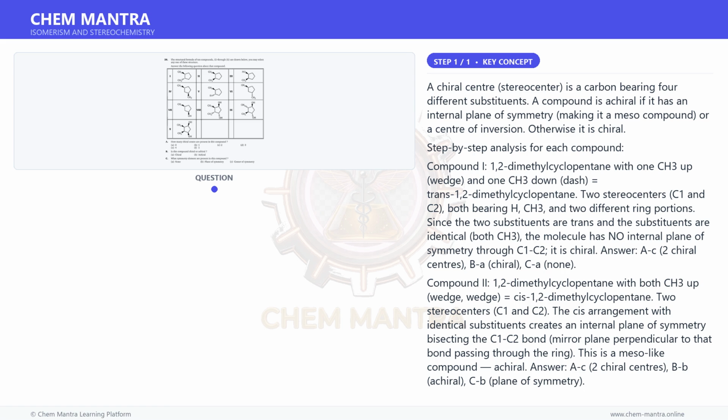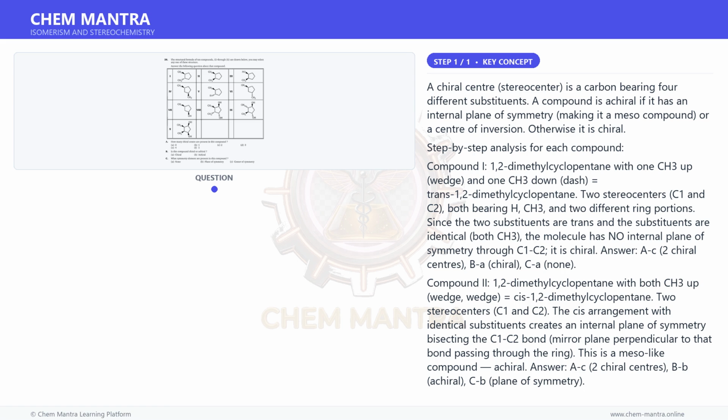Compound X: cyclopentane with CH3, CH3, O at 4 positions with stereochemistry giving a plane of symmetry, meso compound. 4 stereocenters but achiral due to internal plane of symmetry. Answer: A, 4 chiral centers; B, B, achiral; C, B, plane of symmetry.